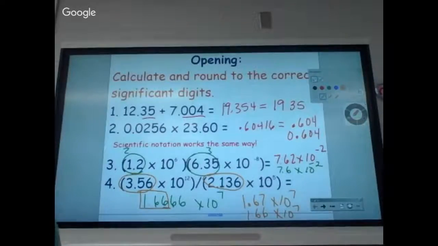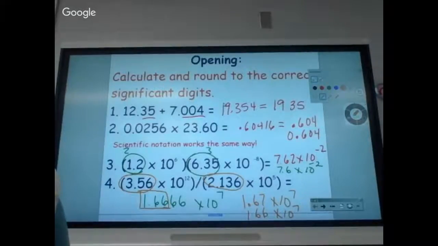Number 3, 20.41. Number 5, 548.68. Number 7, 23.0. If you left 22.9, that's fine. Number 9, 375.5.